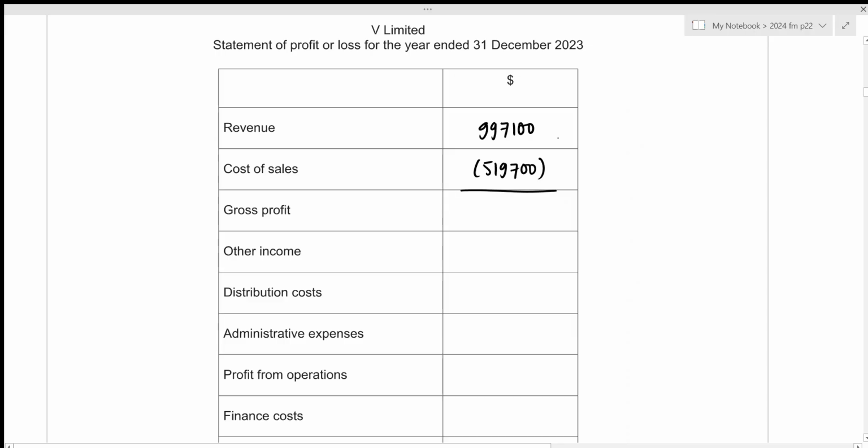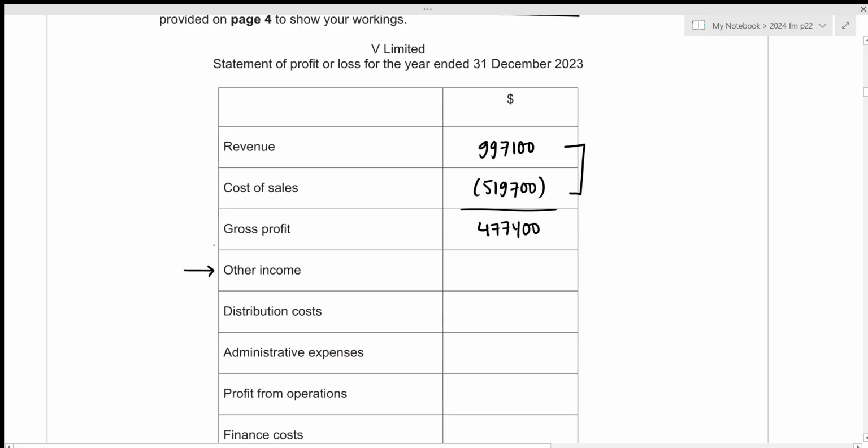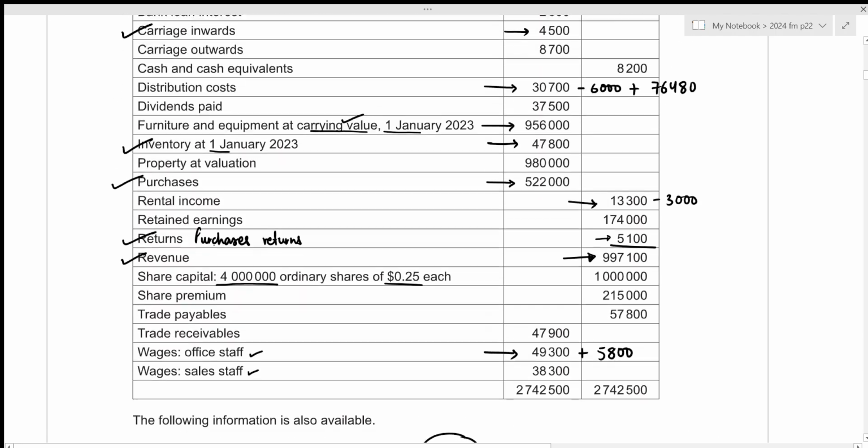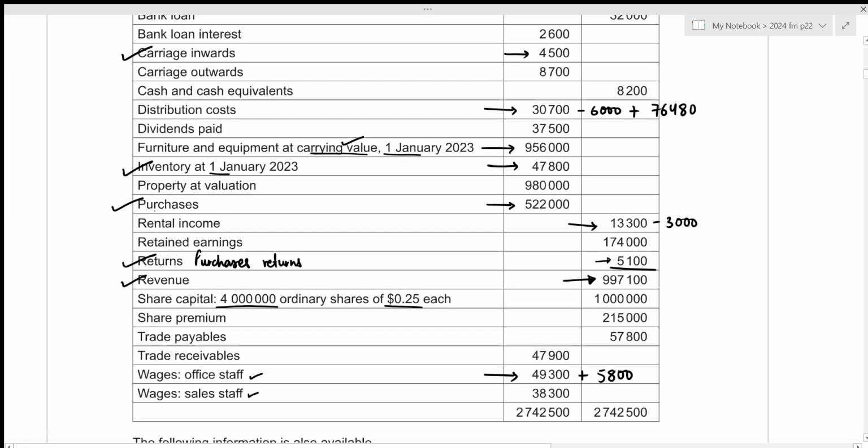Now we need to calculate the gross profit, which is just the difference between the revenue and cost of sales. That gives us the value of 477,400. Now we need to add other income. So the other income in this case was our rental income. Let's see, for rental income it's given right here. It is 13,300 minus 3,000.